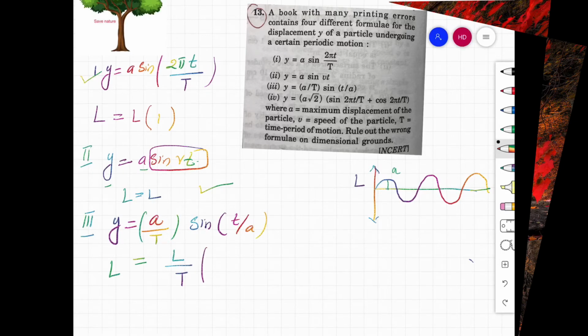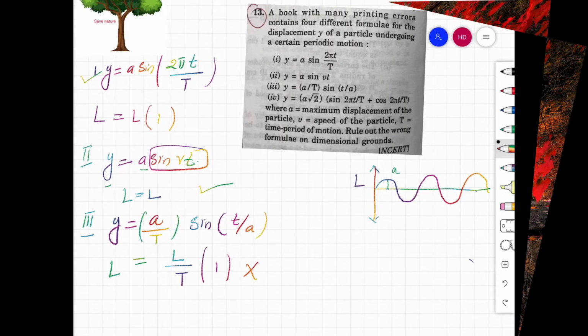And you know sine does not have any dimension, it will be 1. I am writing like this. So L equal to L divided by t. So that is not correct. So equation 3 will be ruled out. That means that is not the correct formula.